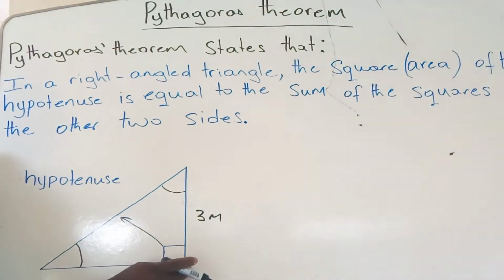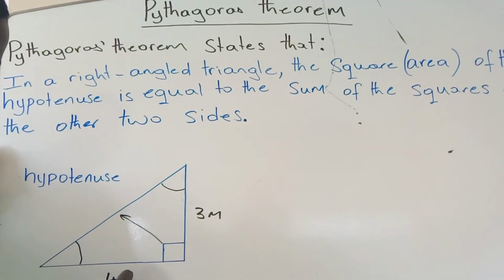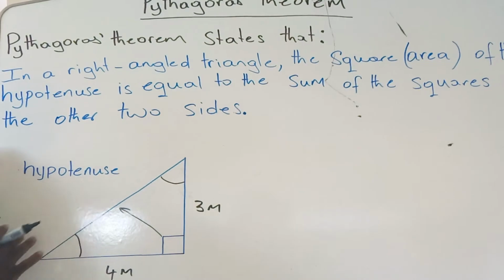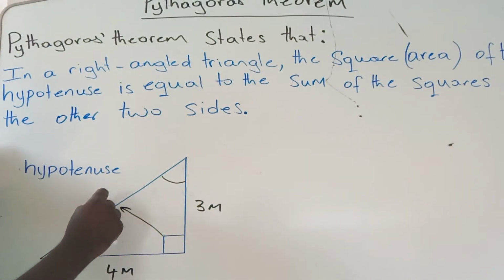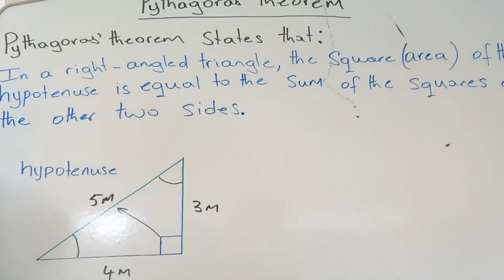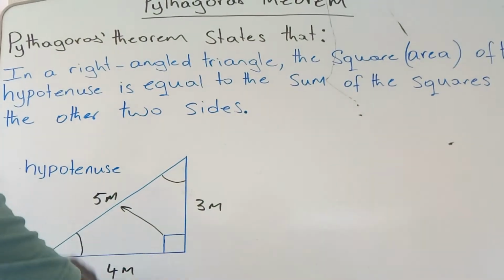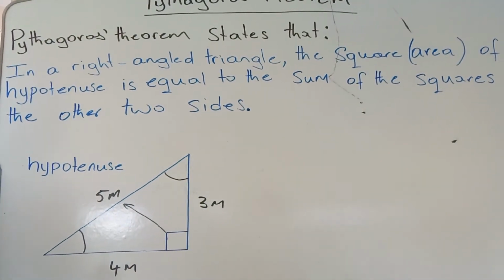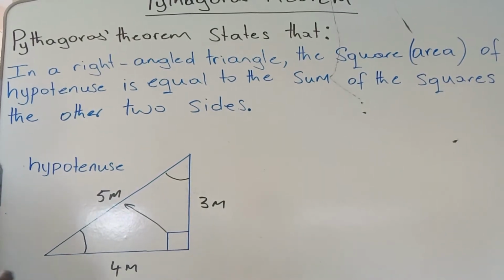And let's say here, which is the base, is 4 meters. And let's say the longest side, which is the hypotenuse, is 5 meters. Now we are going to see if we can study the length of this right angle triangle to see if there is any relationships among the length of the sides.